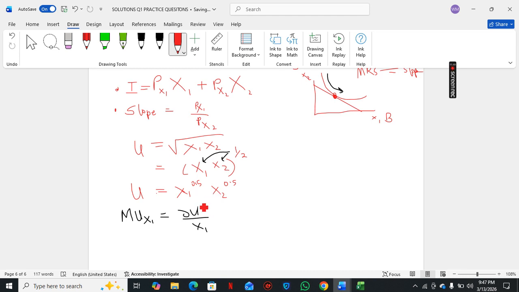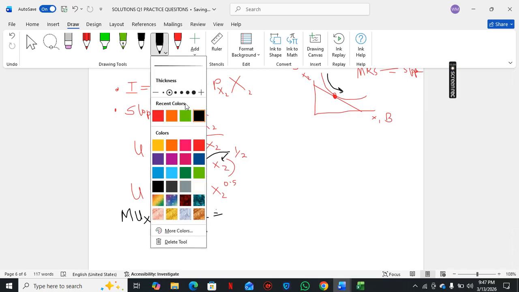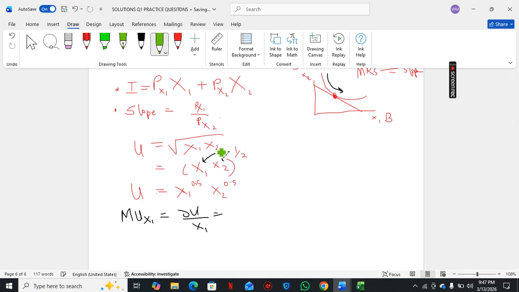So since these two are attached, when you're deriving with respect to x1, you're only going to derive x1. According to differentiation, remember how we derive? Multiply the power with the number in front of the letter.